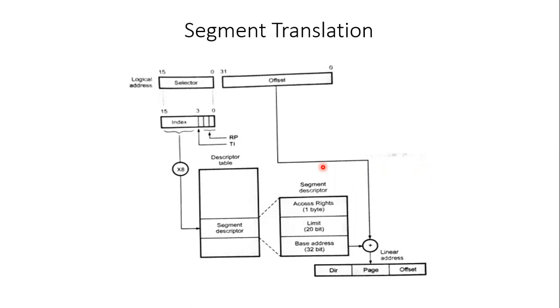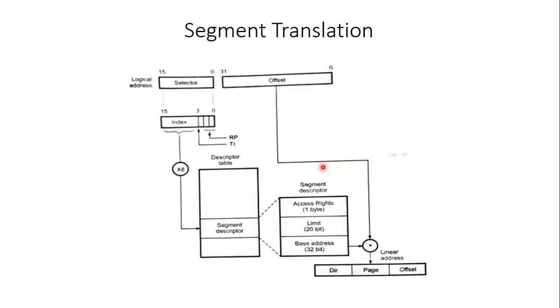Very simple, I will say it in one or two sentences. Whenever you are executing a program, and that program wants to access a segment, at that time the memory management unit will compare the privilege level in the selector with the privilege level in the descriptor.